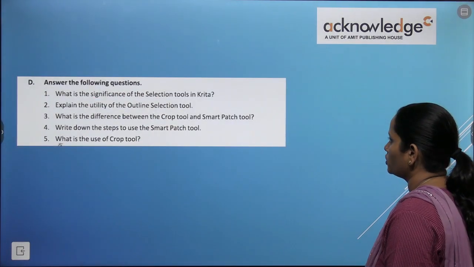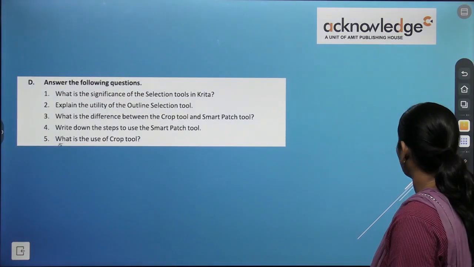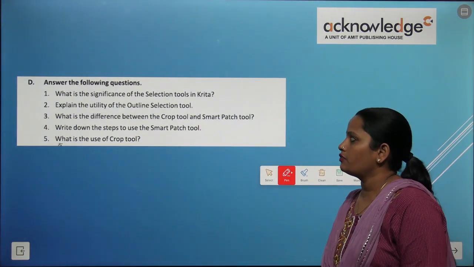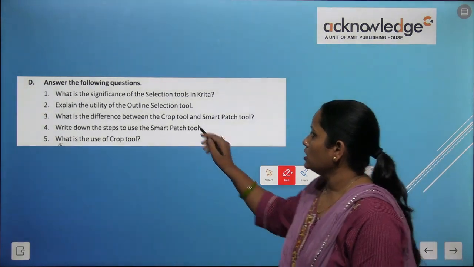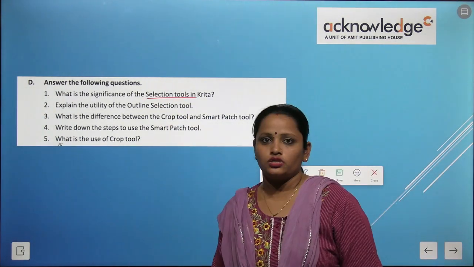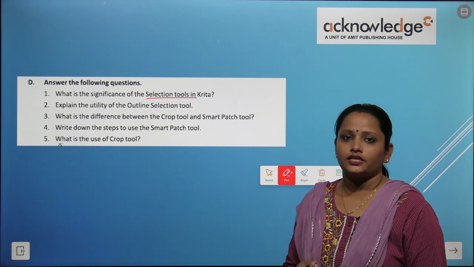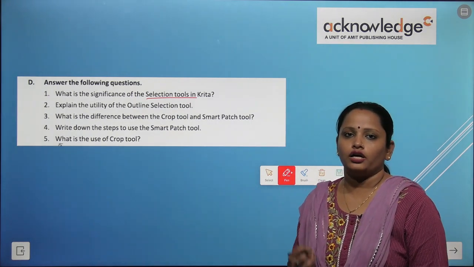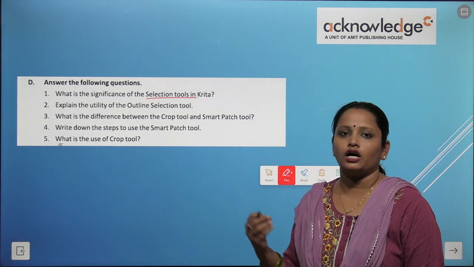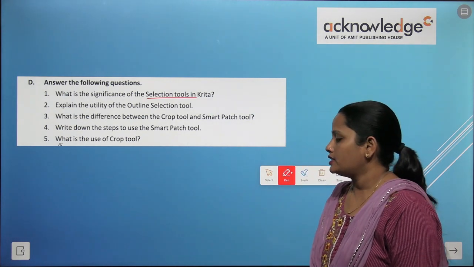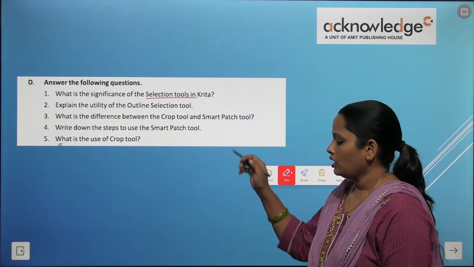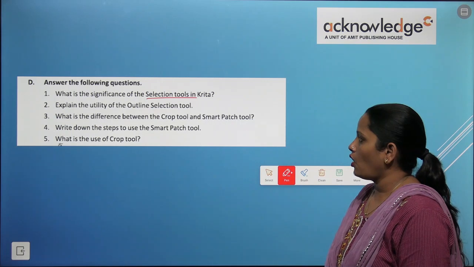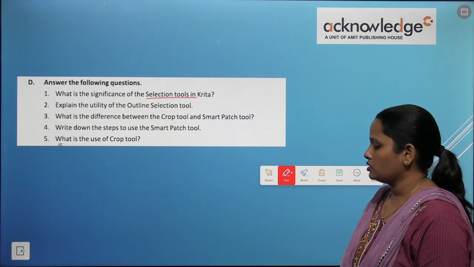Now let's quickly come to the question and answers. First question is, what is the significance of selection tools in Krita? So selection tools in Krita are used for selecting the part of a drawing where we have to do the editing and enhancing of the picture. So this is a selection tool. Now the next is, explain the utility of outline selection tool.